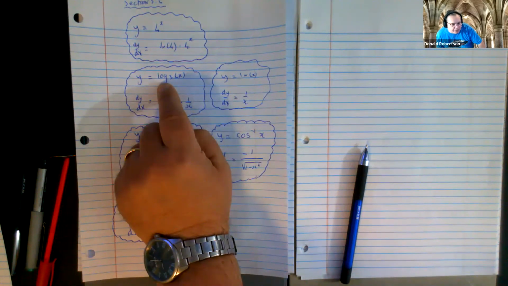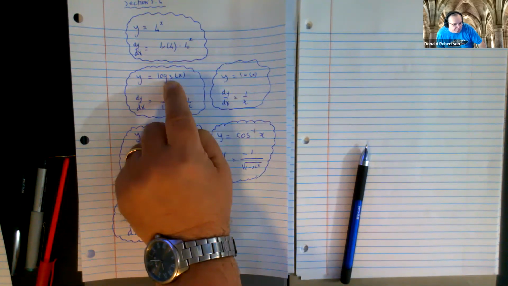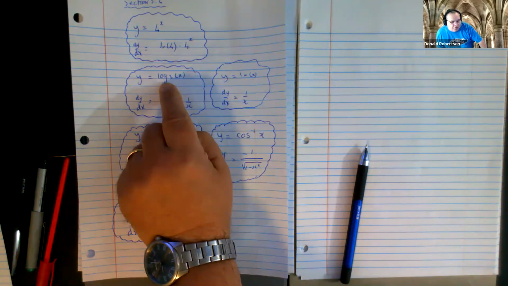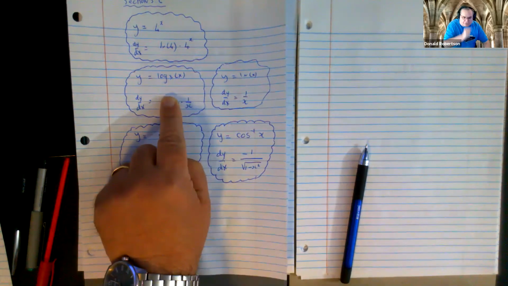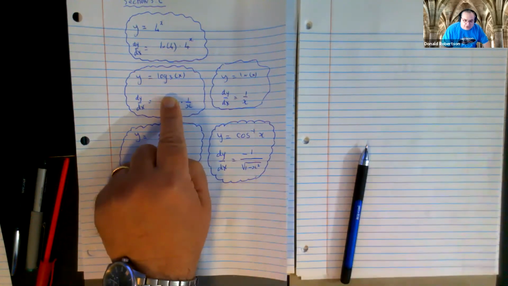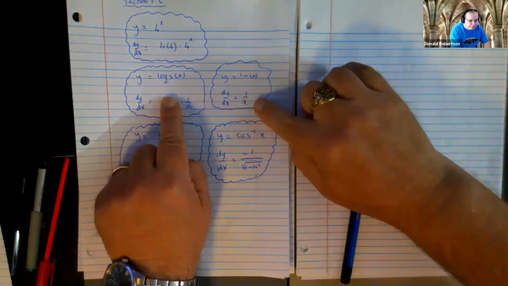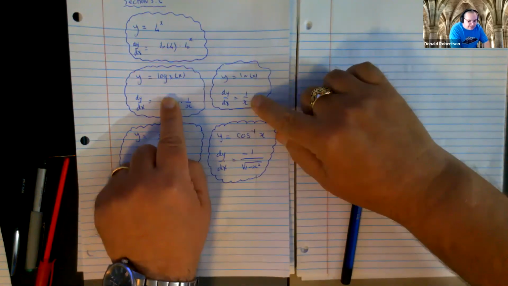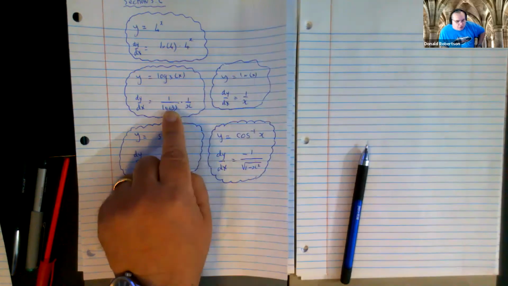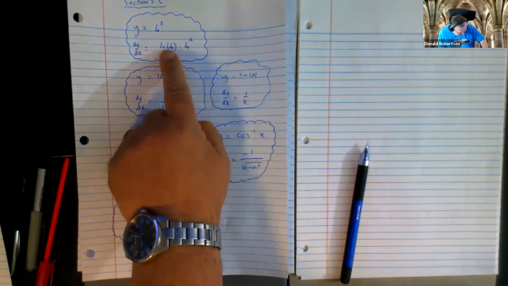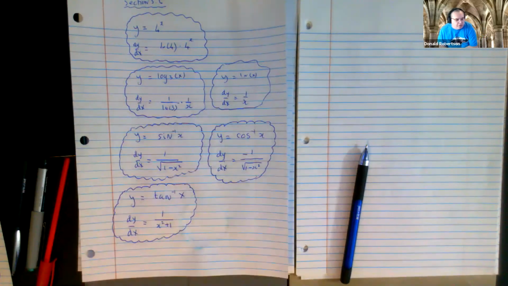If you want to differentiate the log to a different base, log to base 3 or log to base 10, for instance, the answer still is a 1 over x, but do you see it's got an extra, not multiply now, but essentially divide.